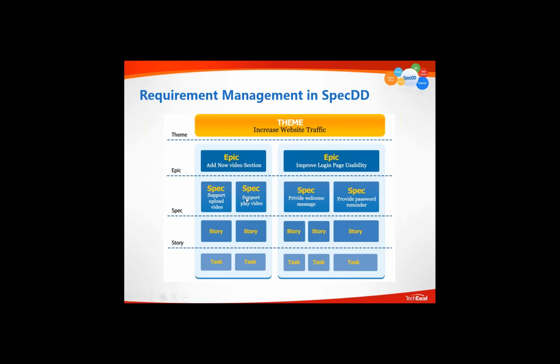So as the spec becomes committed, you start to assign the requirement spec into the development space. And we use the term story to represent a commitment or an assignment of a requirement spec. Once the story is assigned, you start to estimate how much time it's going to take for the Agile team members to finish the story.